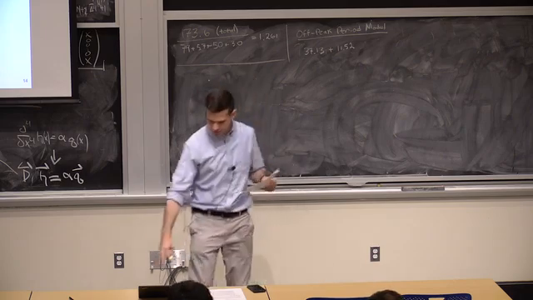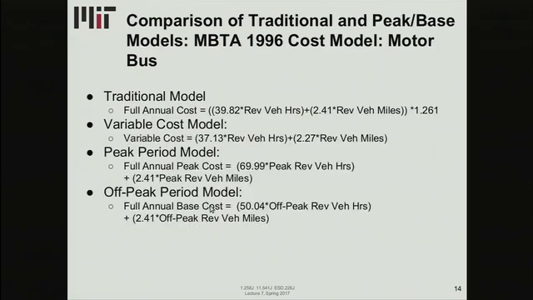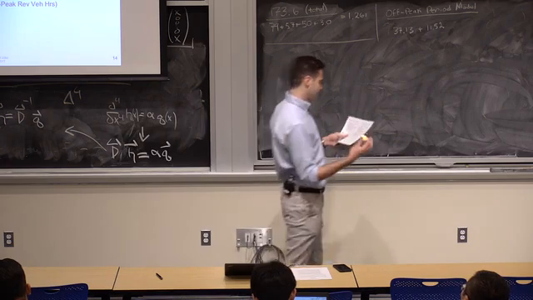So if we go back to 11.52, this is Sunday and evening service only, right? So the question is, how many Sunday and evening service hours are there in the whole year?